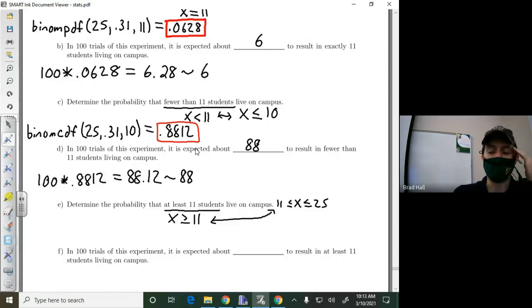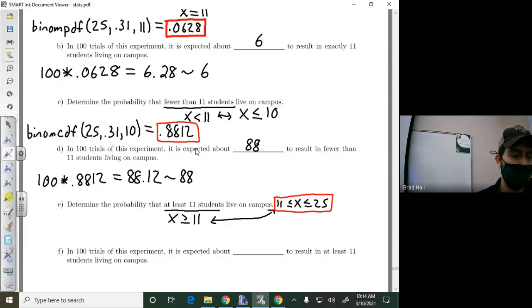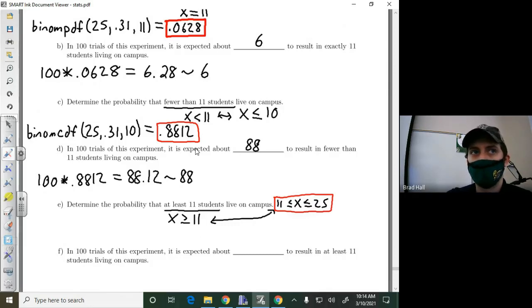So instead, what you need to do, again, you can either tackle this problem or you can look at the complement of this problem. You can look at the complete opposite of what this problem's asking, figure out that probability, and then subtract that probability from 1. Like we did with the negative thing.